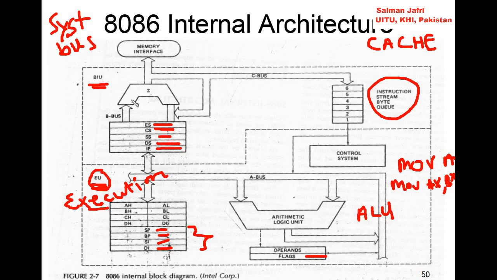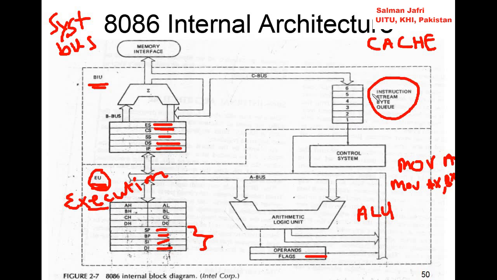So the beauty of this instruction queue was that when the execution unit was executing this kind of internal instruction, since the external system bus was not being used, the bus interface unit could make use of this time to apply addresses to the external system bus and get the next instructions loaded into this queue.